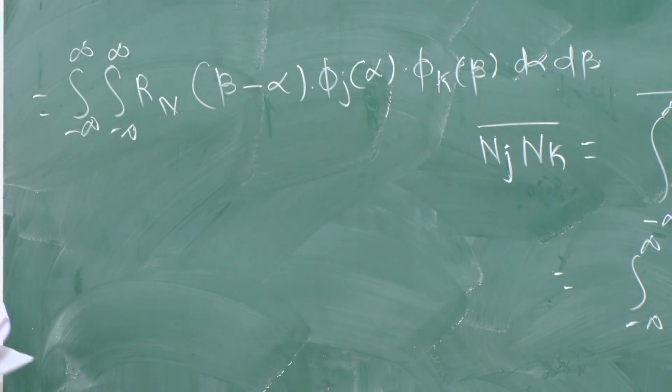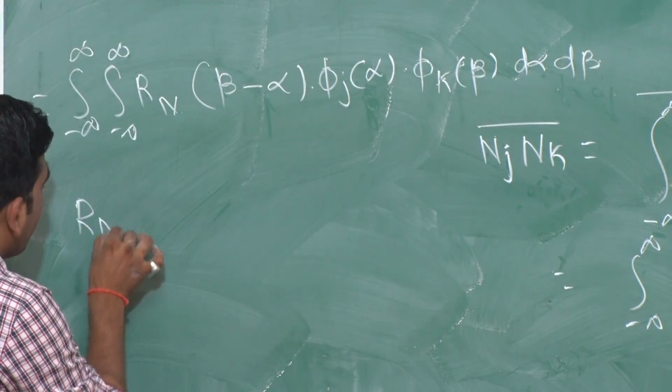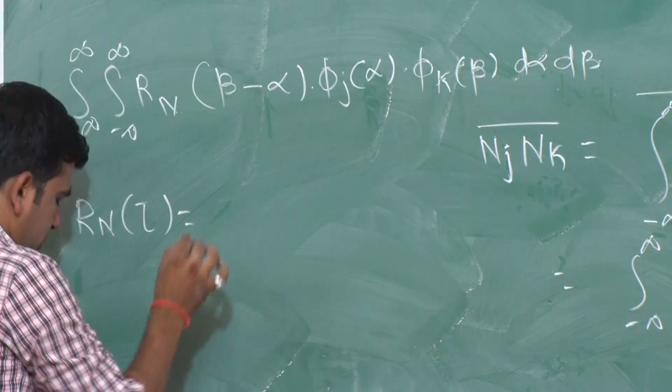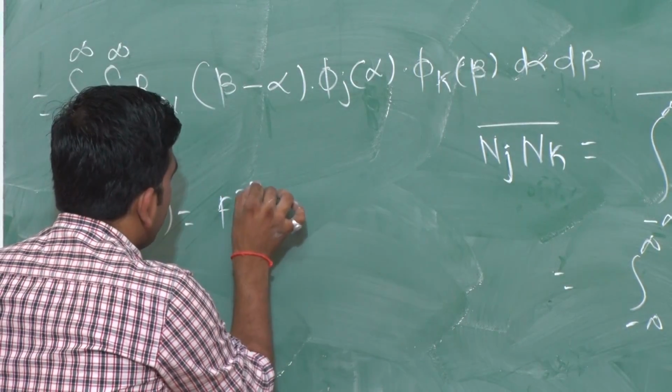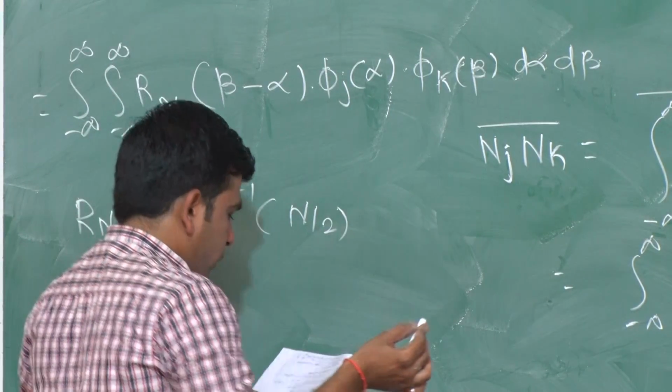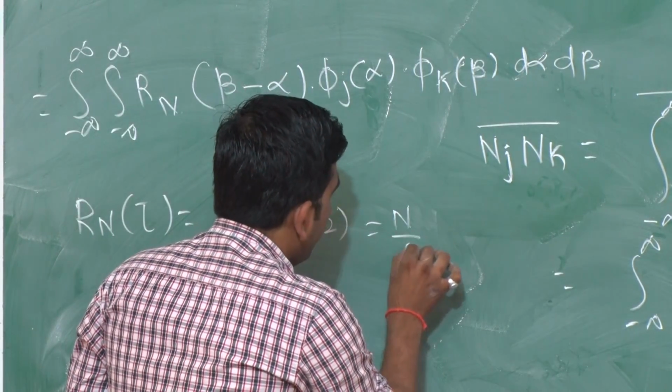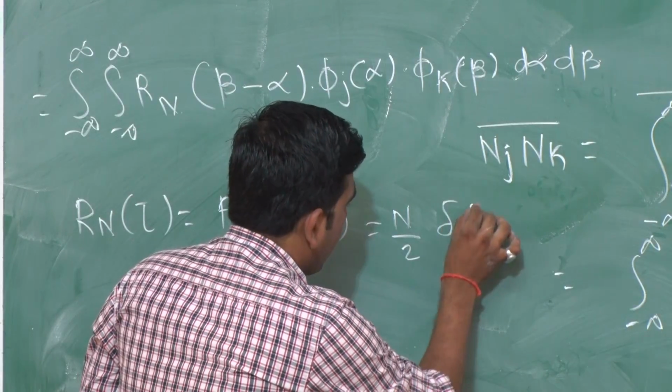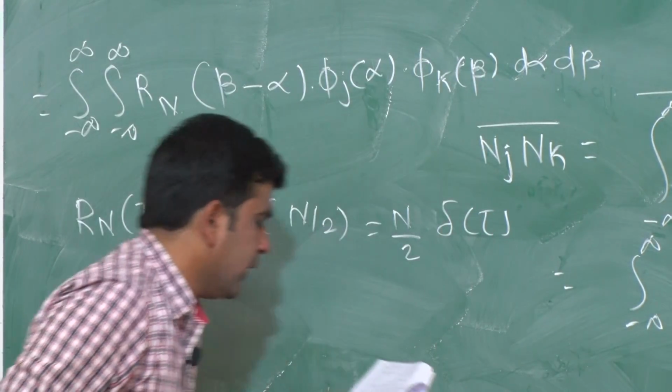Now here we can see that this autocorrelation function is nothing but the inverse Fourier transform of N by 2, and this N by 2 gives delta of tau.